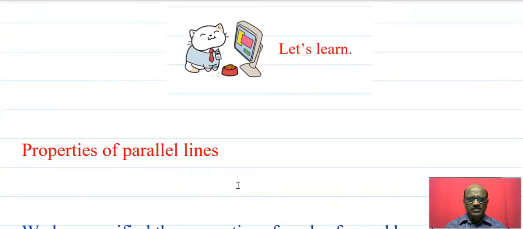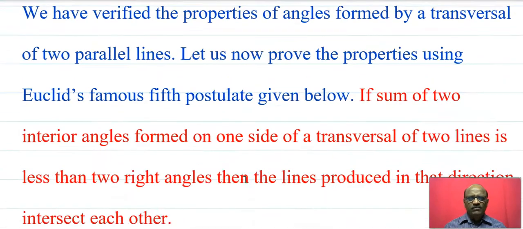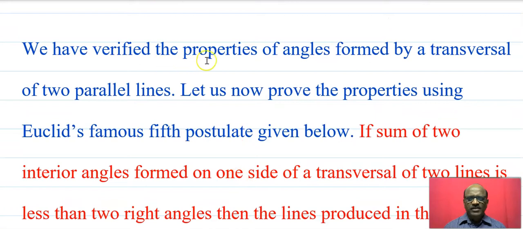Now let us learn the properties of parallel lines. We have verified the properties of angles formed by a transversal of two parallel lines. Let us now prove the properties using Euclid's fifth postulate given below.